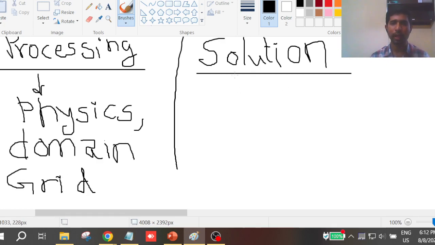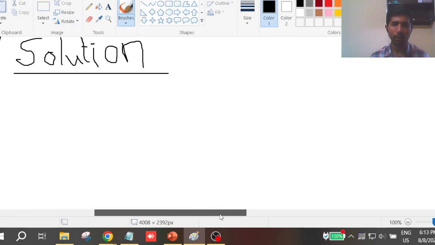At the end of today's lecture, we will see all these processes, the pre-processing and then the solution, on a 1D heat conduction problem, and how we will apply these techniques to that particular problem. And then finally you have post-processing also, which we might not deal with much today.